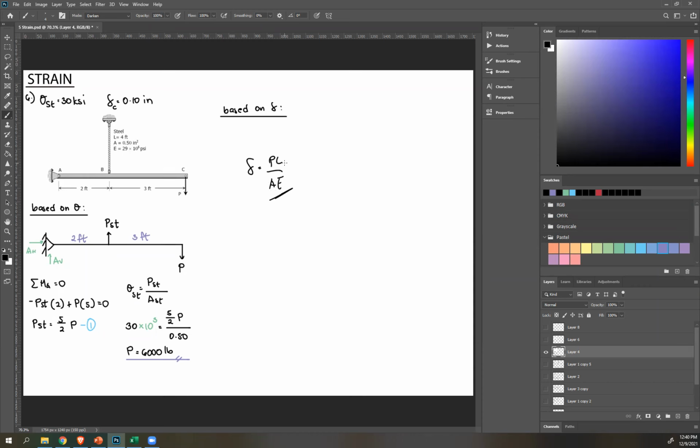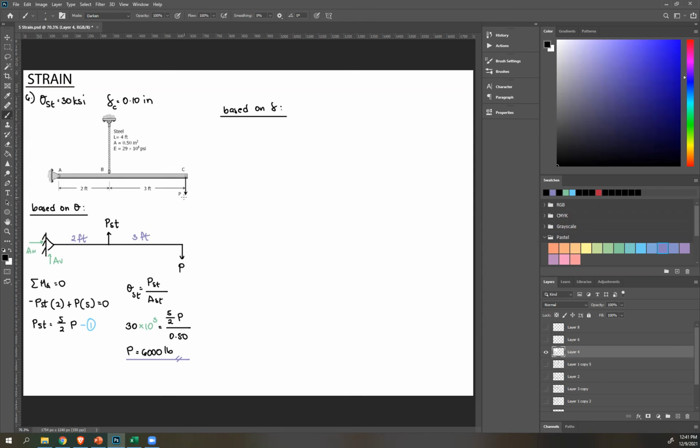So you can't say delta C is PC LC over AC EC. You can't do that because first of all, there's no length of C. There's no material there. That's just a point, and that's a displacement. So that's not the right process.